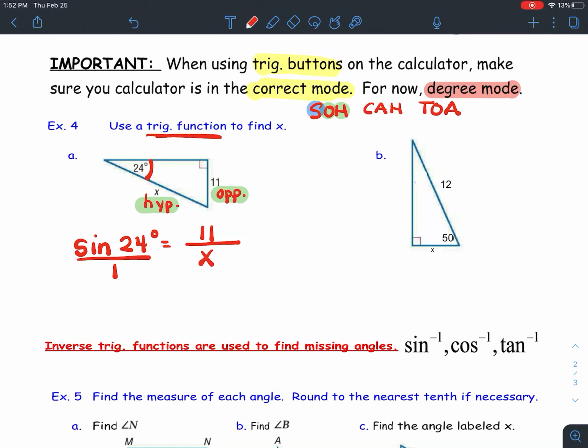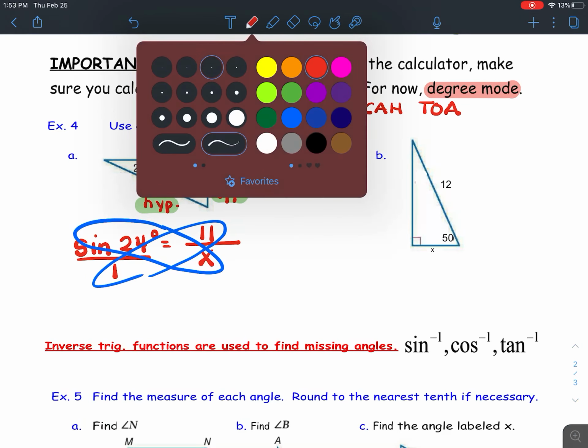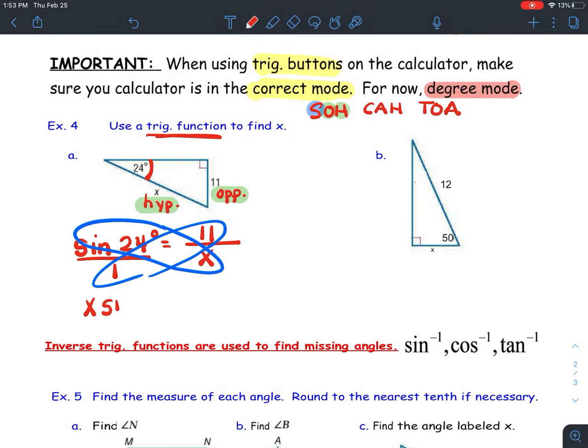Now, we're trying to solve this for x. So I'm going to make both sides of my equation look like a fraction, and I'm simply going to cross multiply. By cross multiplying, I can take an equation that had fractions in it, and make it so that we don't have fractions there.